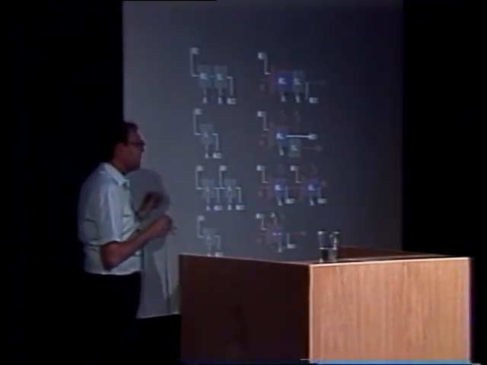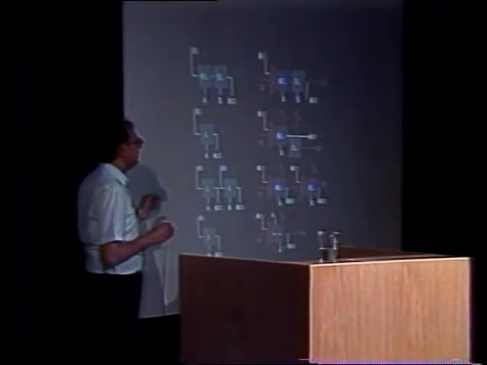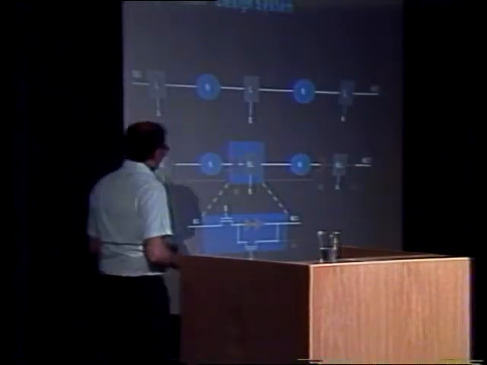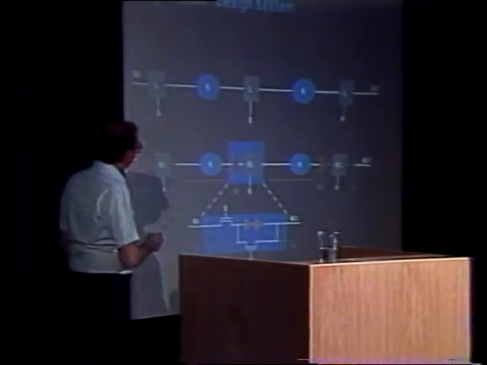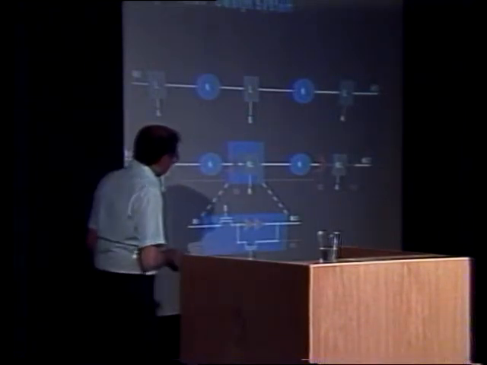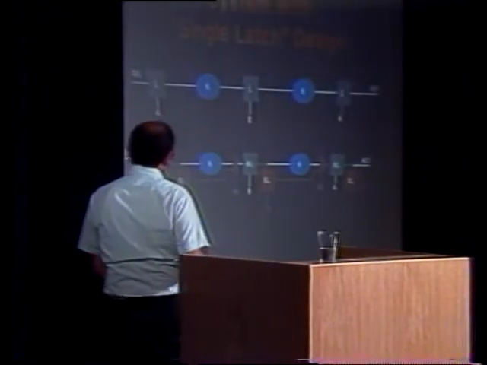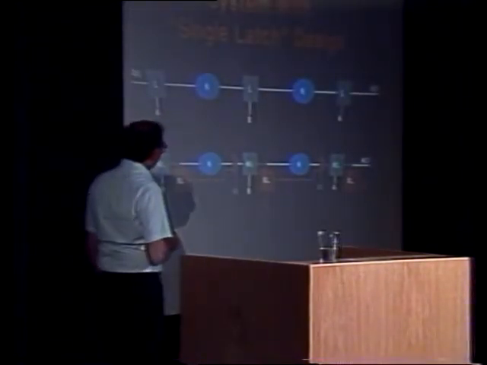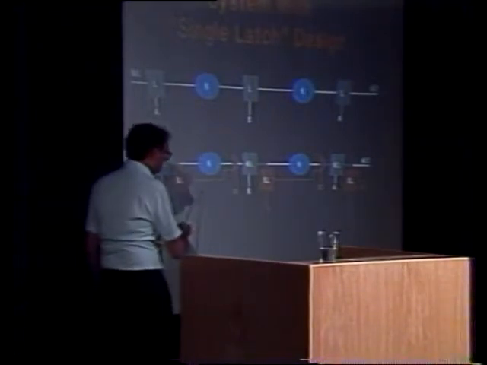On top of that, there is a limitation of test operation, which is explained in the next slide. So let's say the way we operate is we shift in our test vector.